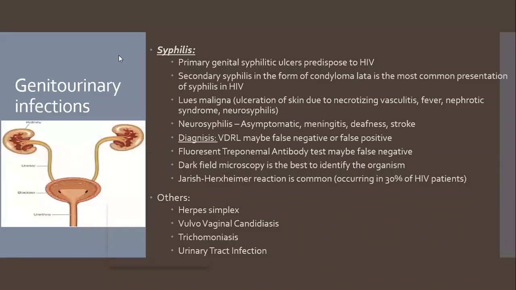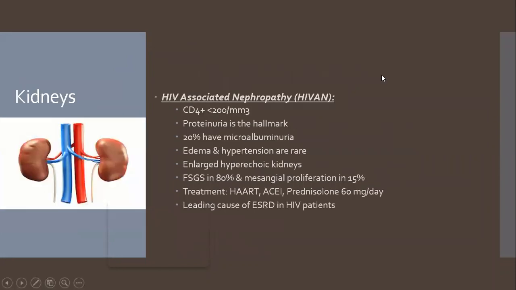Kidneys. HIV associated nephropathy occurs. So it's like a glomerulopathy.